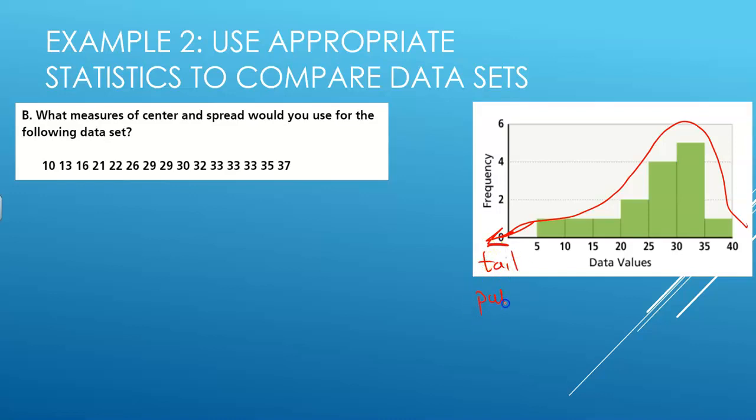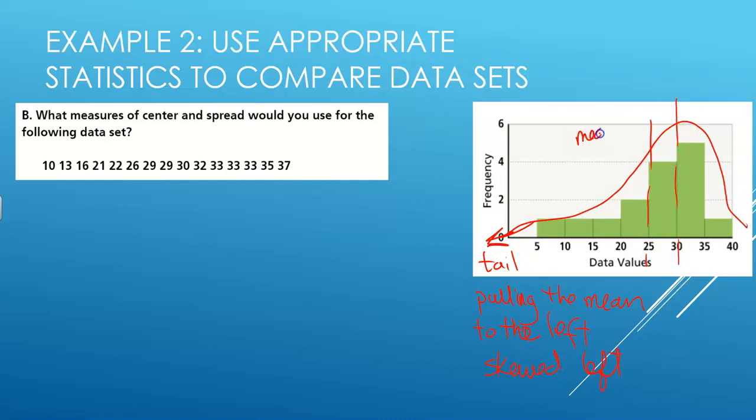It's pulling the mean. Remember, it's mean to pull a tail to the way the arrow's going, to the left. So this is skewed left, which means my mean could be about right here with my median maybe right here. I'm just guessing.